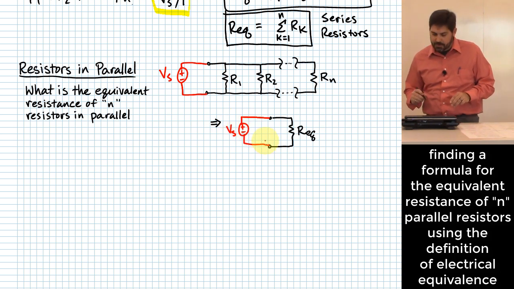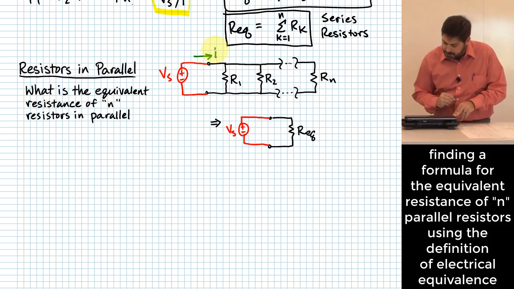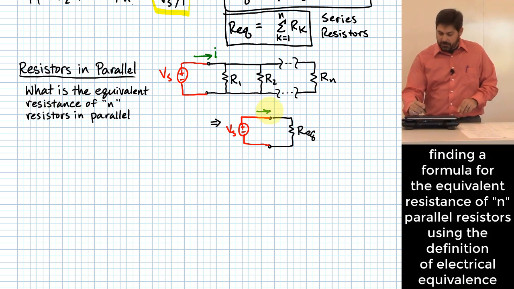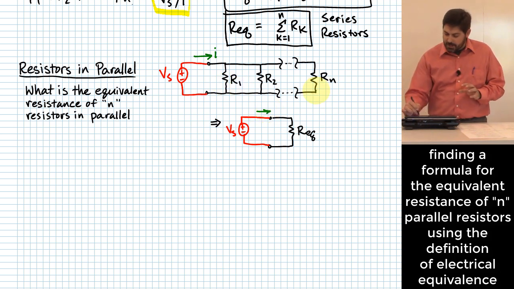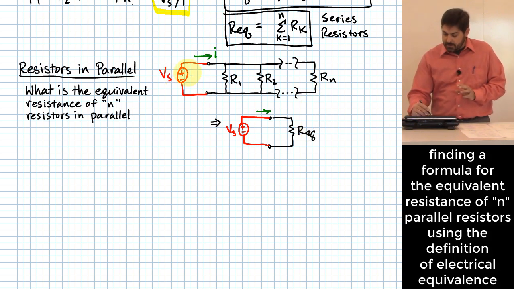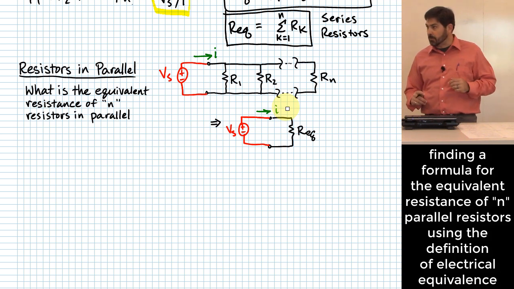As a result of that Vs, in each case, we're going to have a particular current flowing, I. If the resistor networks for these circuits are equivalent, then the I had better be the same in each case for the same amount of voltage applied, Vs, right?